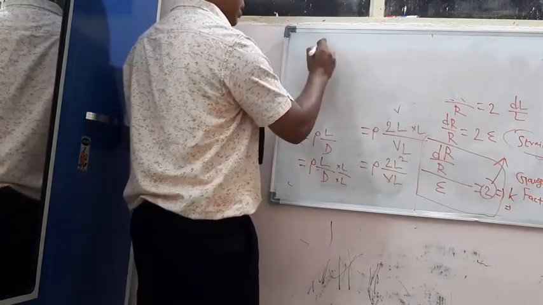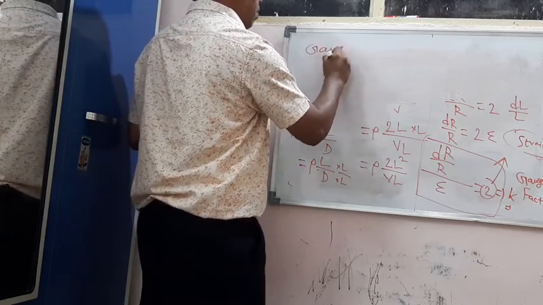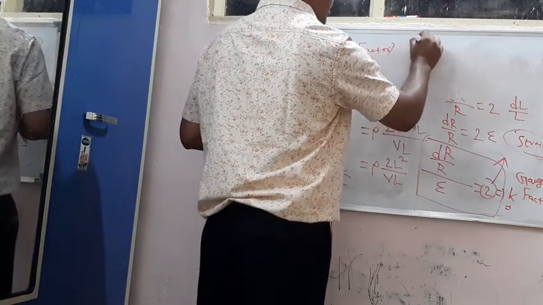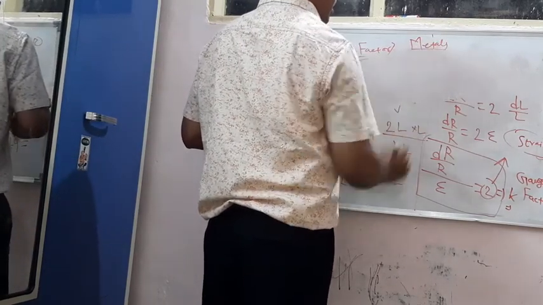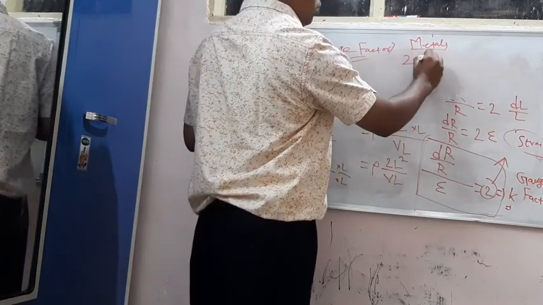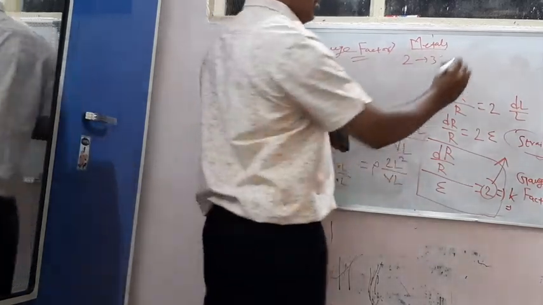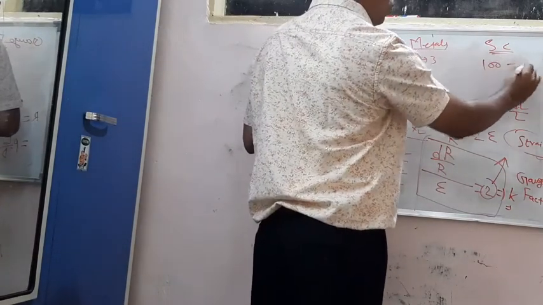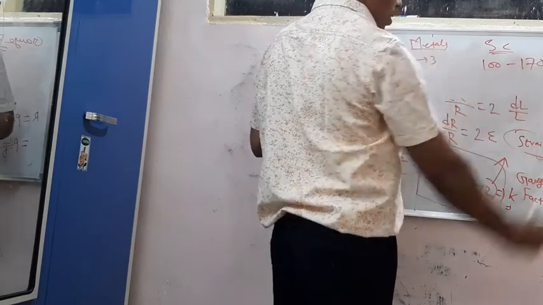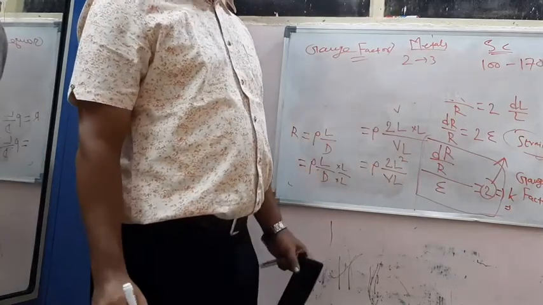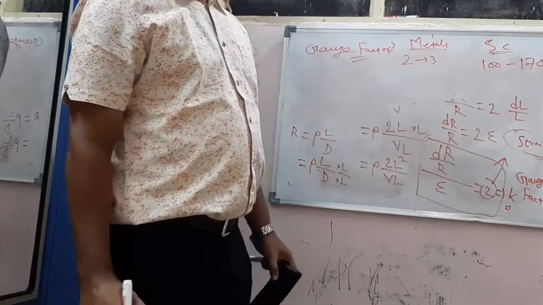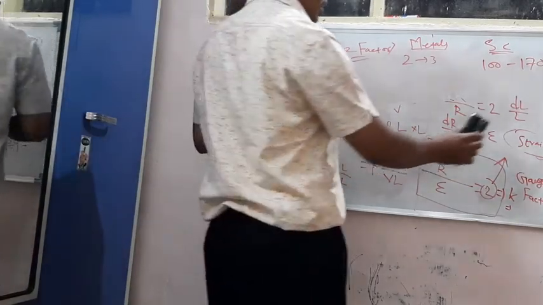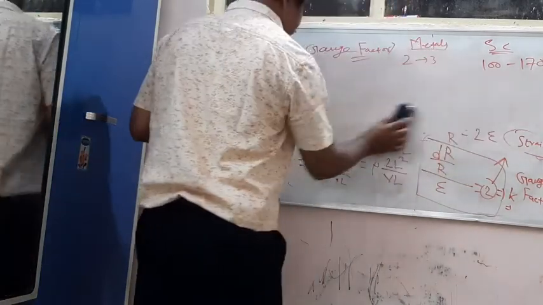The value of gauge factor for metals will be around 2 to 3. For semiconductors, it will be from 100 to 170. The value of gauge factor K varies, it means sensitivity. When semiconductors are used as strain gauge, then sensitivity will be very high.